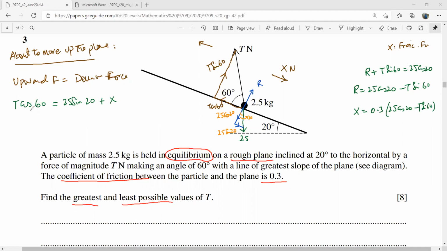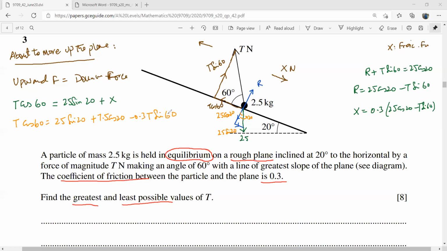So here we are. Now we have just one unknown, that is T. So T cos 60 is going to be 25 sine 20 plus 0.3 times 25, which is 7.5, cos 20, and then minus 0.3 T sine 60.